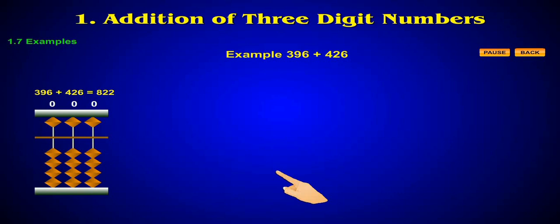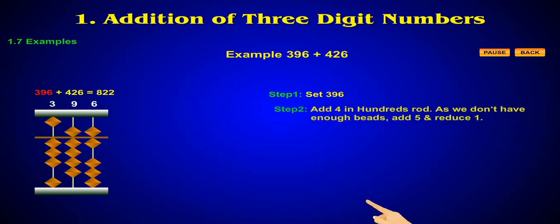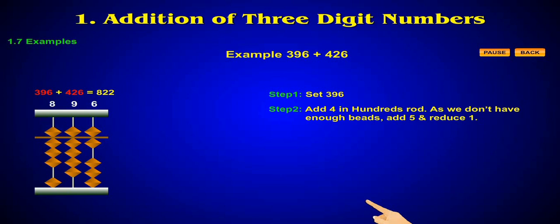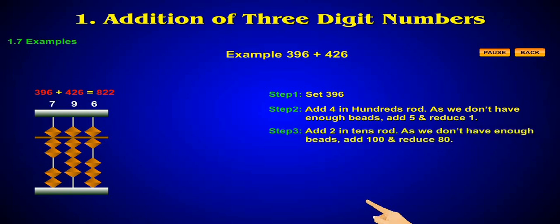Example: 396 plus 426. Step 1. Set 396. Step 2. Add 4 in hundreds rod. As we don't have enough beads, add 5 and reduce 1. Step 3. Add 2 in tens rod.